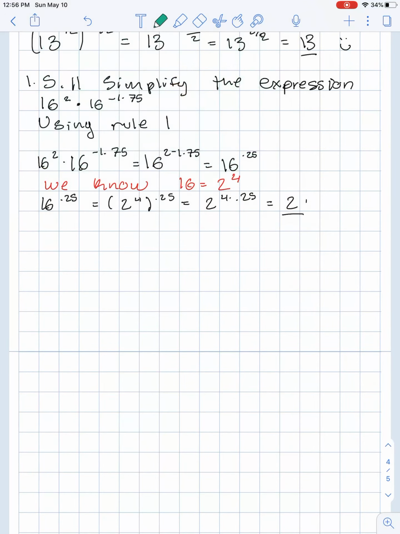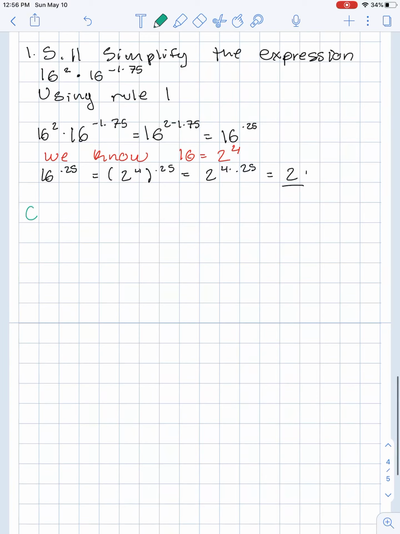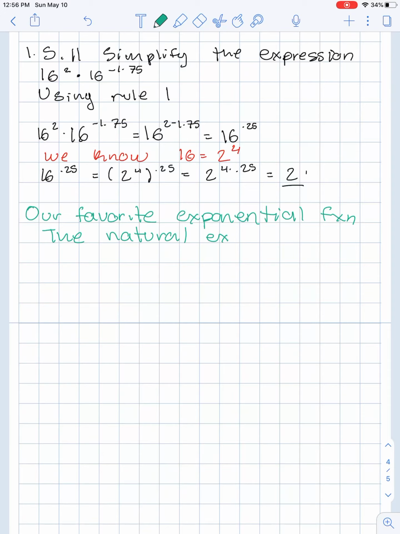So we have a favorite exponential function. We call it the natural exponential function.